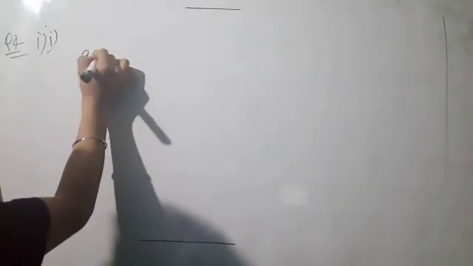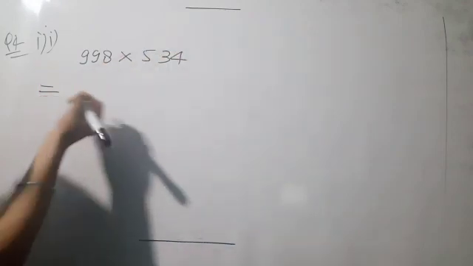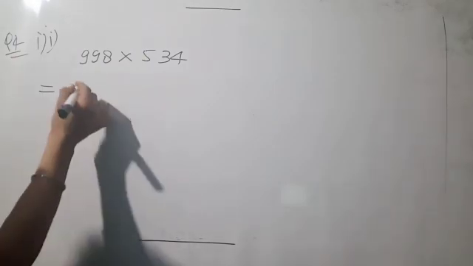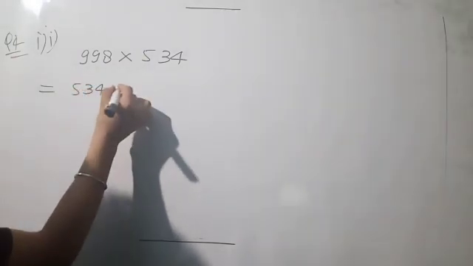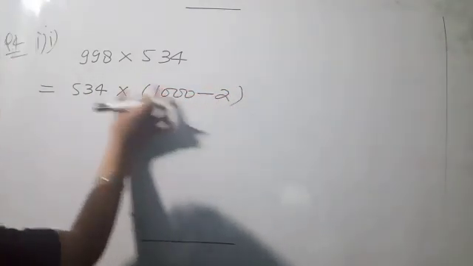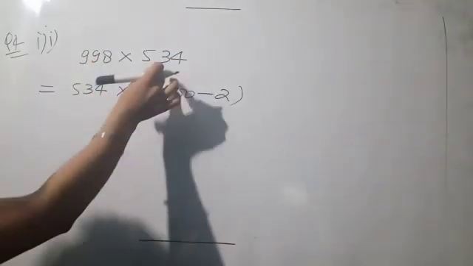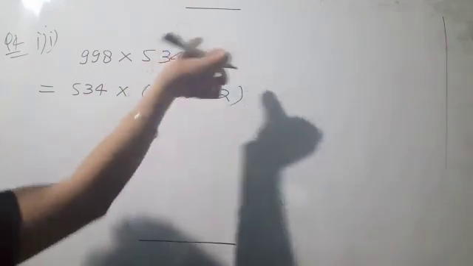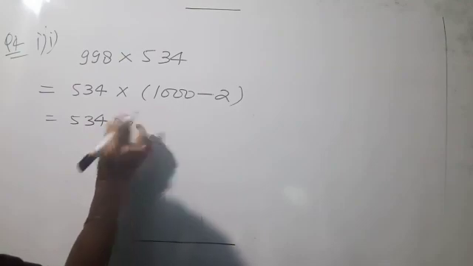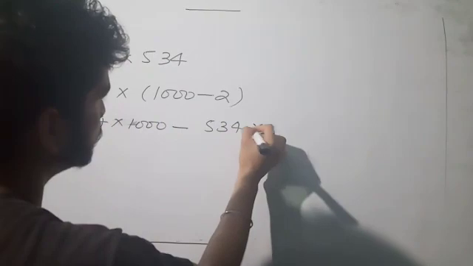998 into 534. This is somehow different, because here we have to use the property of distribution over subtraction. Why? Because we have 1000 minus 2 here. 1000 minus 2 is easier than 534, meaning 500 plus 34, which is tougher than 1000 minus 2. For that we have to multiply 534 into 1000 minus 534 into 2.